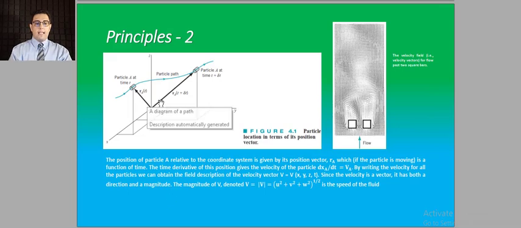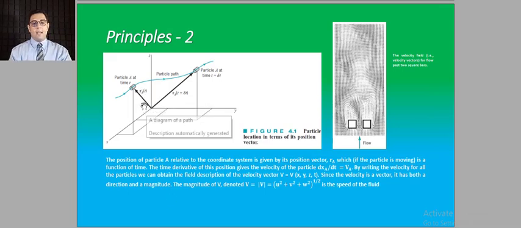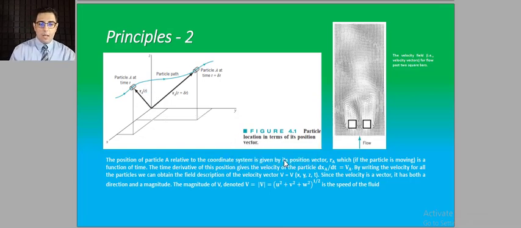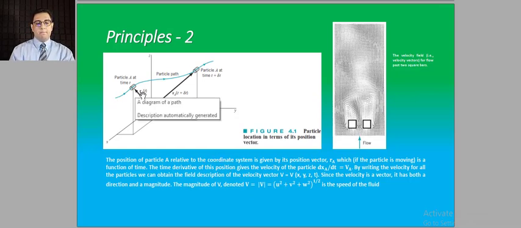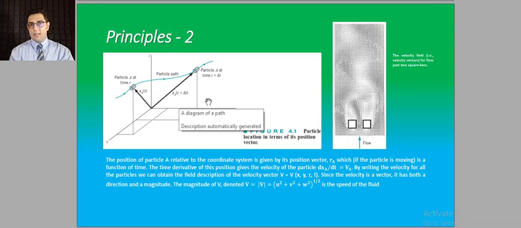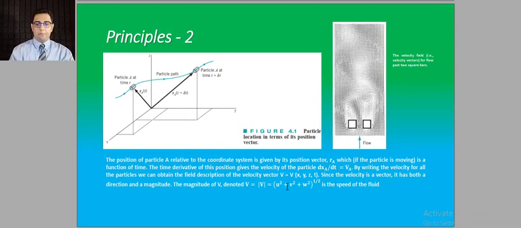In this picture, you're seeing that the particle's position is located from the coordinates at the origin by the vector r_A as a function of time. So the time derivative of this particle's location is going to give us the velocity at that point.